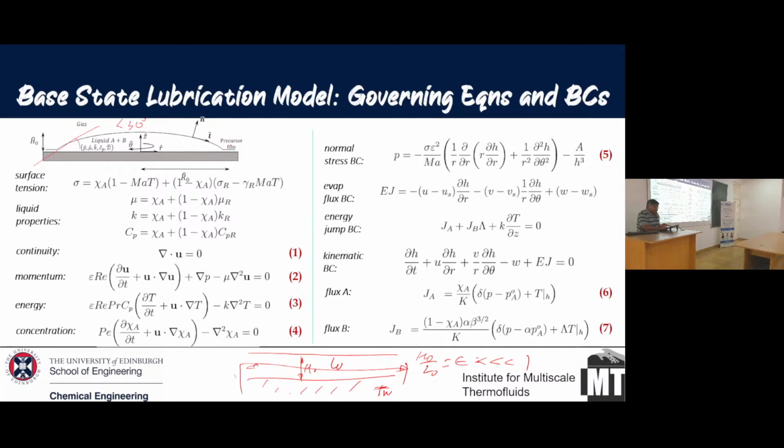It won't be a completely dry thing. So what we also assume is a precursor film. Therefore there are two things. Not only is the precursor film a mathematical device to eliminate the contact line singularity, but physically these precursor films are actually present, especially if you have a volatile system.